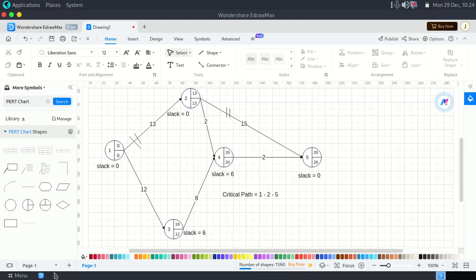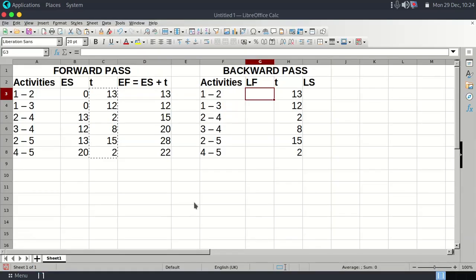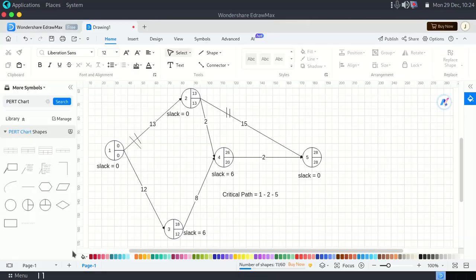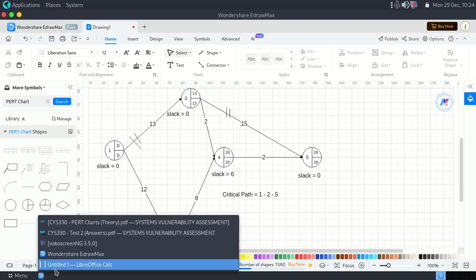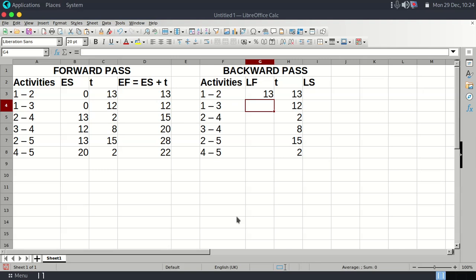So it's 13. So put 13 there. Do we have 2 this side here? No. So let's go on to node number 3. We'll take 18, which is the upper one, as our LF. So get our 18 there.